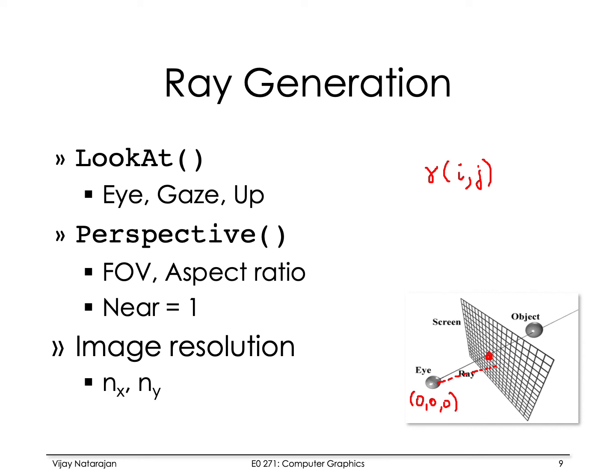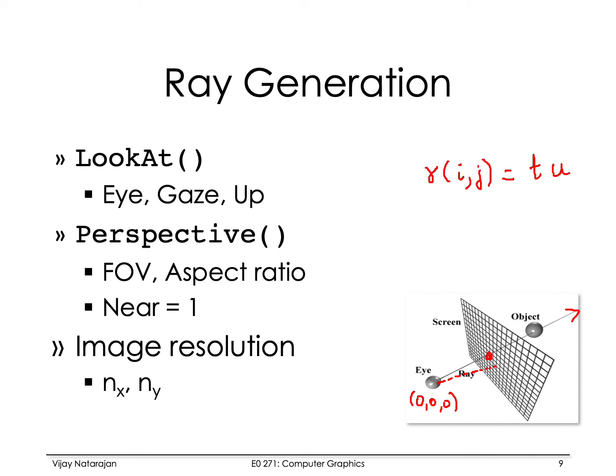We know the screen's resolution, the nx and ny. Using all these properties, we should be able to write R_ij in this form, where t is the parameter that specifies different points on the ray, and u is the vector that corresponds to the line shown here. It's this vector going from the eye through the pixel.